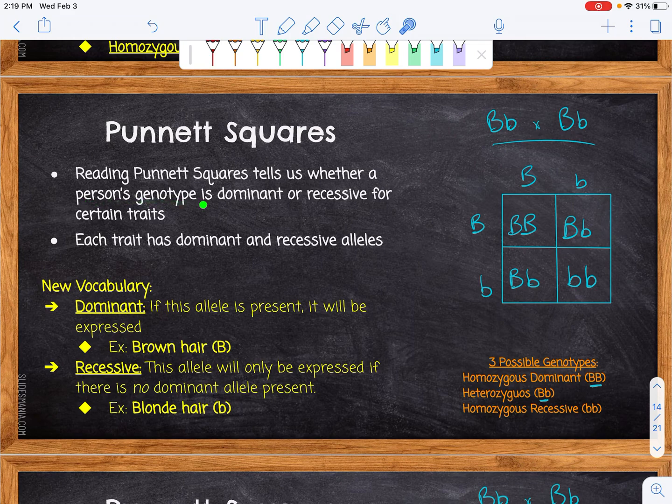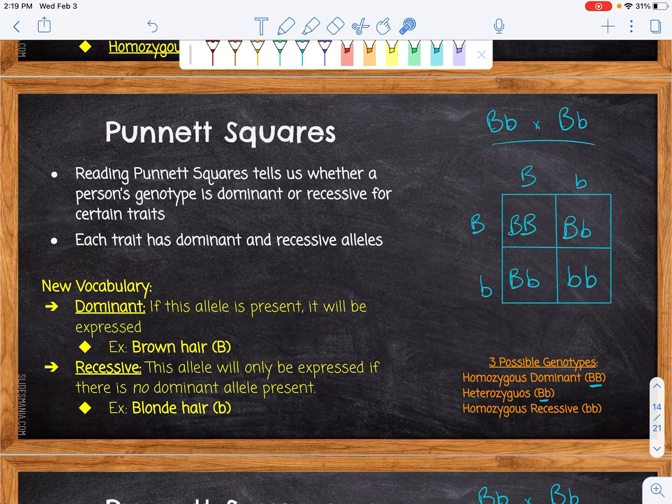Moving on from there. Reading Punnett squares tells us whether a person's genotype is dominant or recessive for certain traits. So when we read this Punnett square, we're going to look and see whether or not each person has the dominant trait or the recessive trait. What does that mean? Dominant traits. If an allele is dominant, that means that this allele being there means that that trait is expressed.